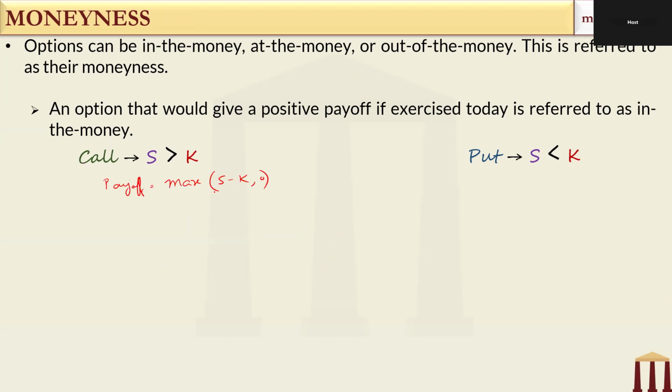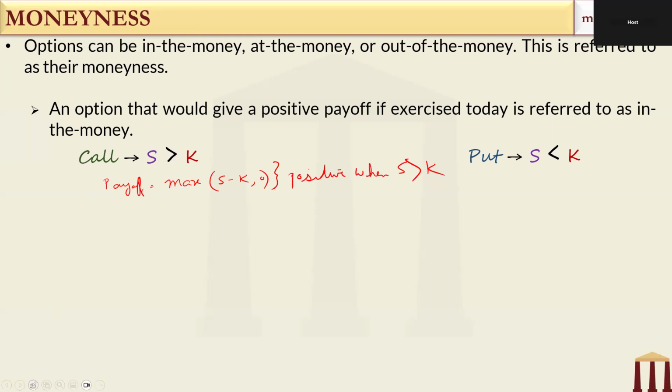Obviously this expression will be positive only when S is greater than K. That is why for a call option, the condition of the option being in the money is S greater than K. And of course, the opposite applies for a put option.